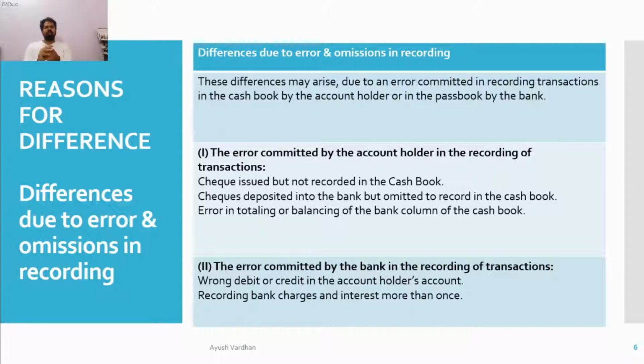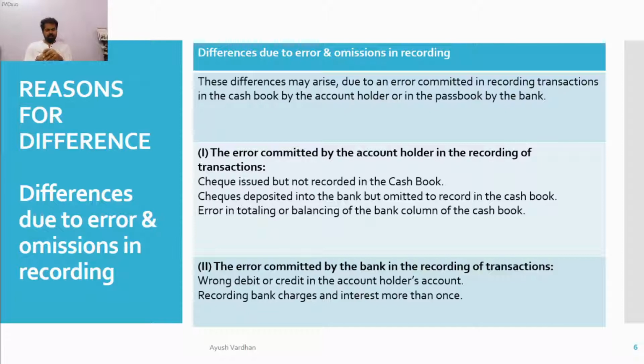Another could be that sometimes you see the bank is charging for the same thing twice. Suppose today is the last day of your interest payment to your bank, and there is a sufficient amount in your bank account.